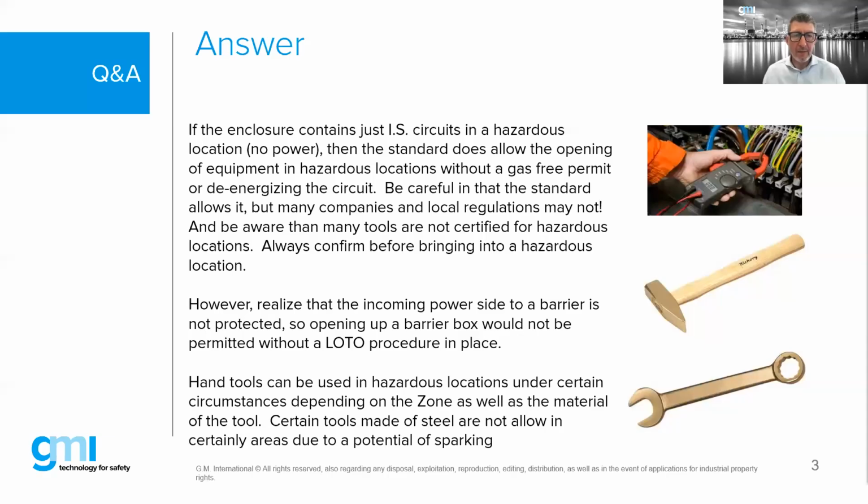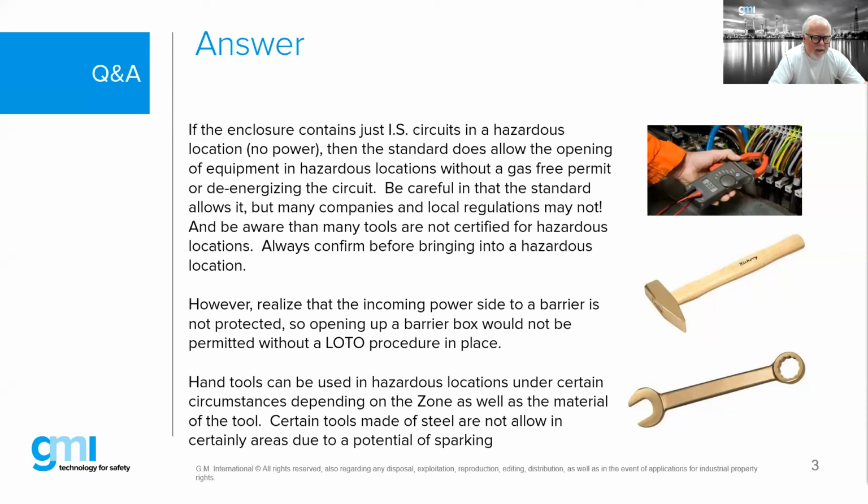Many companies do not allow you to open up anything while energized or without a hot work permit. So what I'm going to tell you is that the IEC standard 60079-14 does allow you to open them up in a hazardous area. But that's strictly for intrinsically safe circuits.